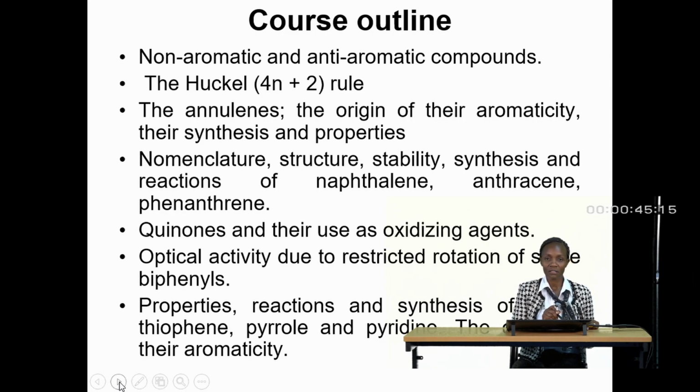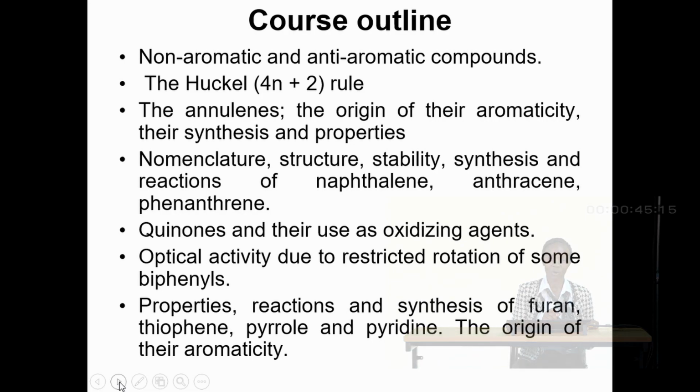To give you a course outline, we'll look at the non-aromatic and anti-aromatic compounds. We'll look at the Hückel rule, that is the 4n+2, the annulenes, which is the origin of their aromaticity, and their synthesis and properties, and then look at the nomenclature, the structure, stability, synthesis, and reactions of naphthalene, anthracene, and phenanthrene.